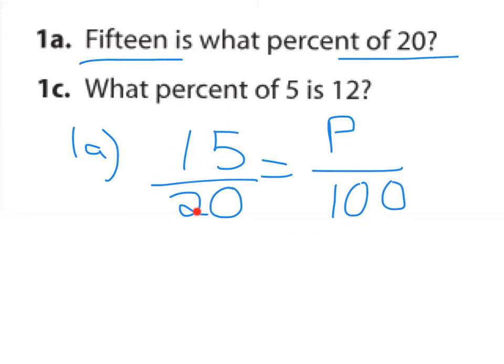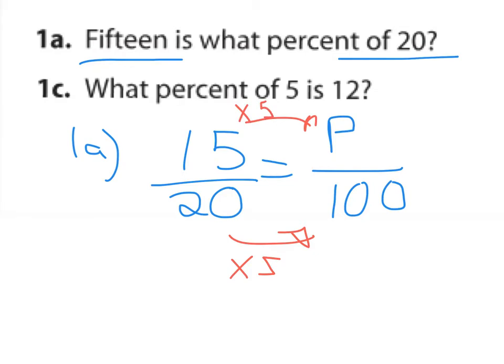You know that you can increase 20 to 100 because 20 is a factor of 100. If you're counting by 20, after you've counted 5 of them, you get 100. So whatever you do to the bottom, if you multiply this by 5, you must do the same to the top, times 5. That's one way to do it, right?